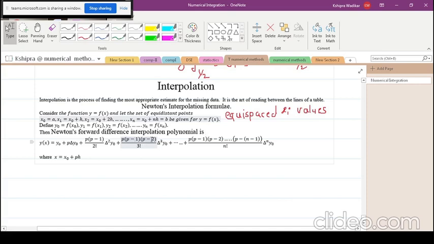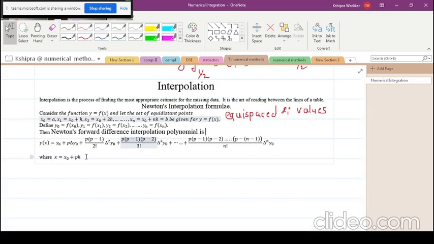This 2 is nothing but 3 minus 1. Then the next term will be p, p minus 1, p minus 2, p minus 3 by 4 factorial delta raised to 4 y0. So for the nth term, the numerator will be the product of the terms p, p minus 1, p minus 2, up to p minus the bracket n minus 1, divided by n factorial, delta to the power n y0. And what is x? x is x0 plus ph.